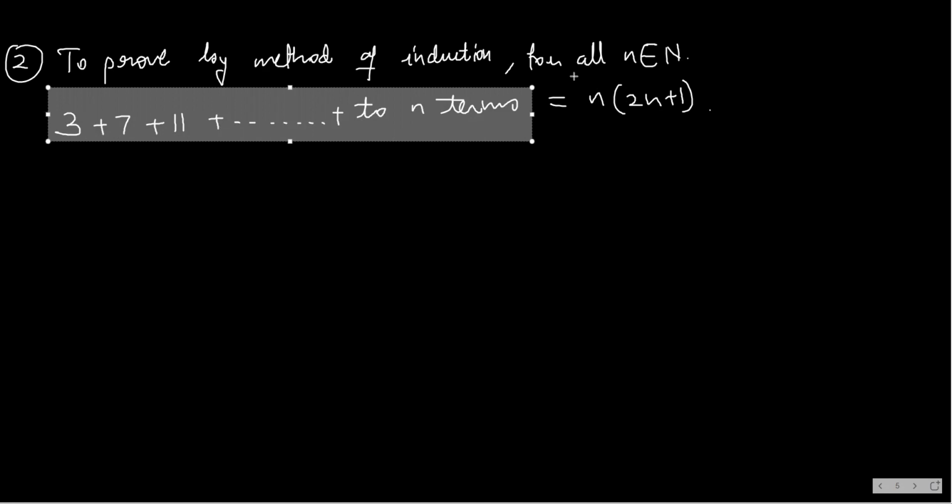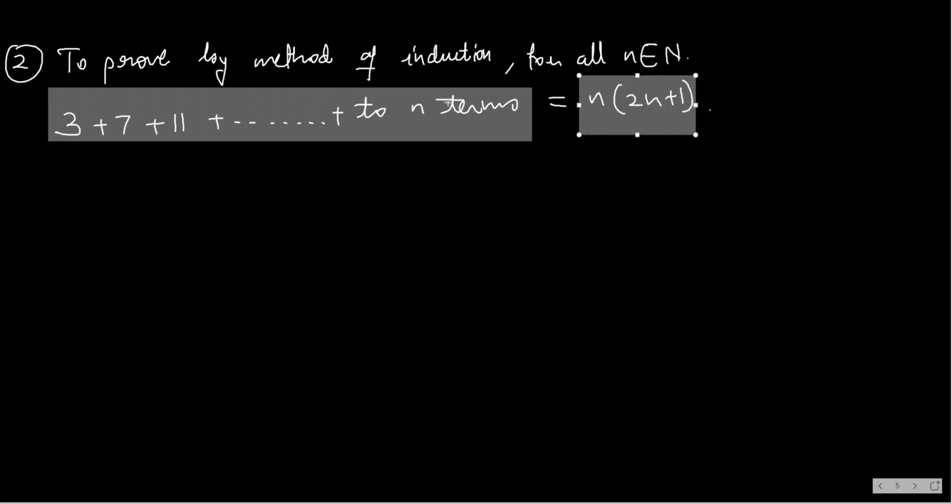And they're saying that if this way a series you have up to n terms, then the sum of all the n terms of the series will be equal to n into 2n plus 1. It will be equal to n into 2n plus 1. Now here one difficulty that we notice, that it is given up to n terms, but we are not given the nth term. In the proposition, the nth term is not given.